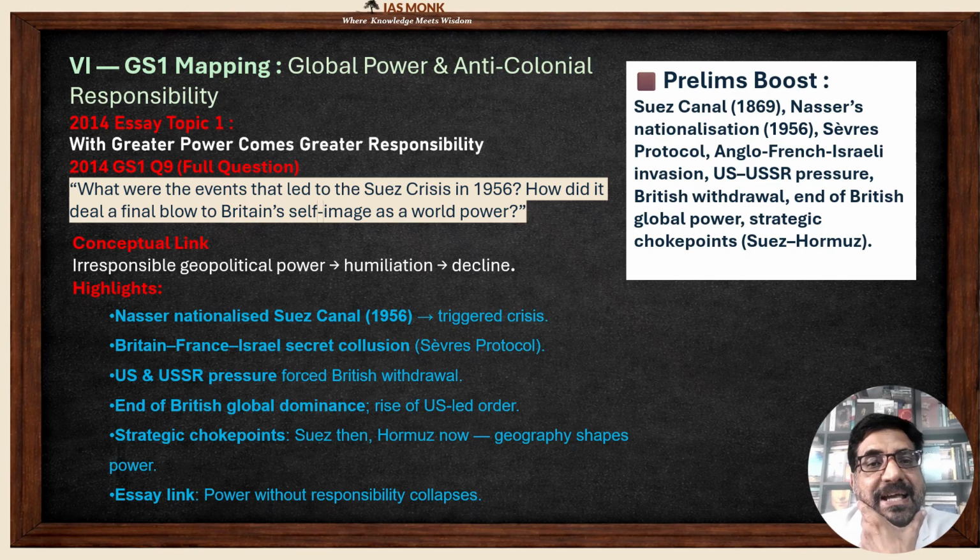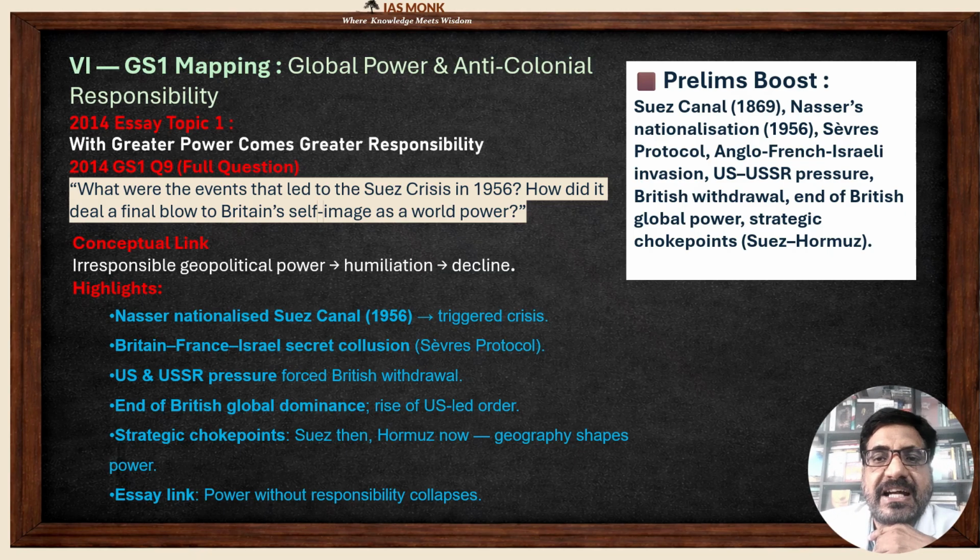The crisis began when Egypt's President Nasser nationalized the Suez Canal, a vital maritime route linking Europe to Asia. Britain, still clinging to its imperial self-image, secretly coordinated with France and Israel to launch a military intervention. But this overreach misjudged the new post-war power balance.